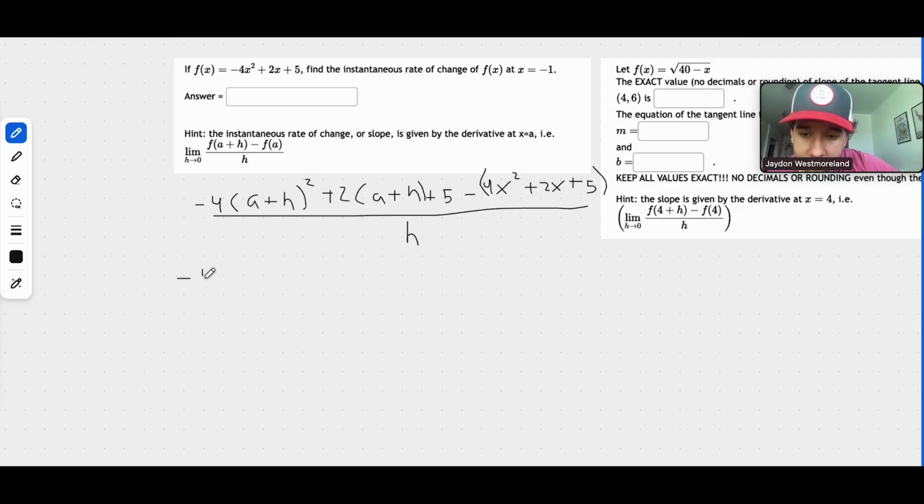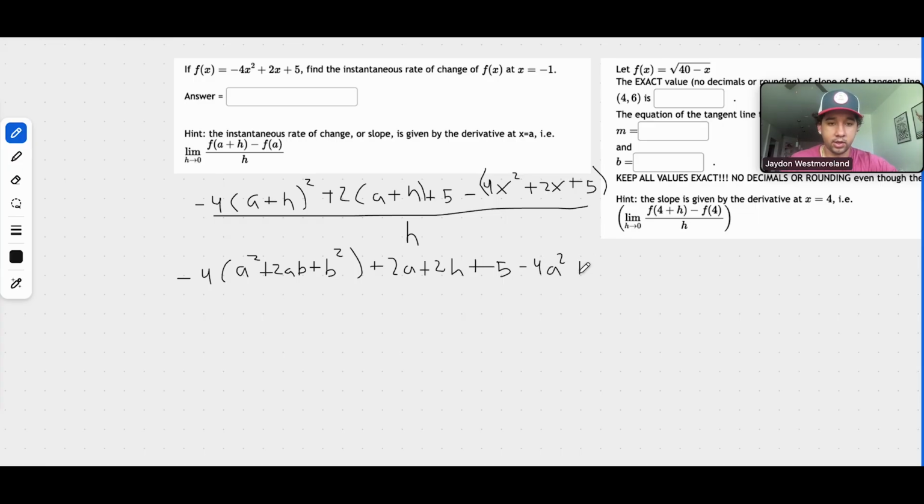So in other words, -4 times, again, I'm going to expand this out. This is a binomial squared, so a squared plus 2ab plus b squared, plus 2a plus 2h, plus 5, and then all this stuff here as well, so minus f of a squared plus 2a.